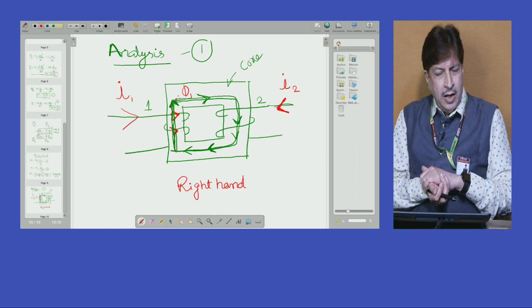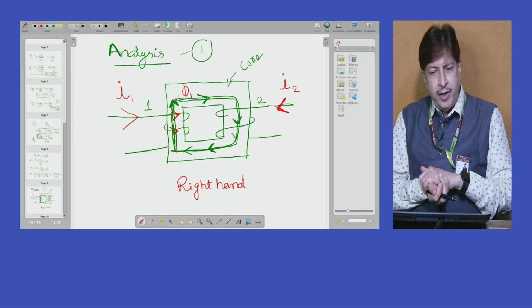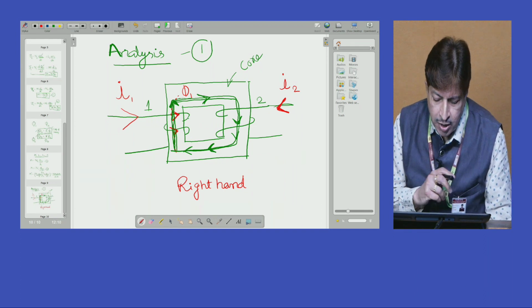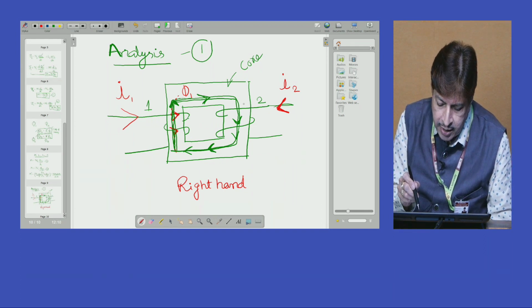Now, let us try to identify what is the direction of flux in coil number 2 because of current I2. Now, this particular current direction is like this.